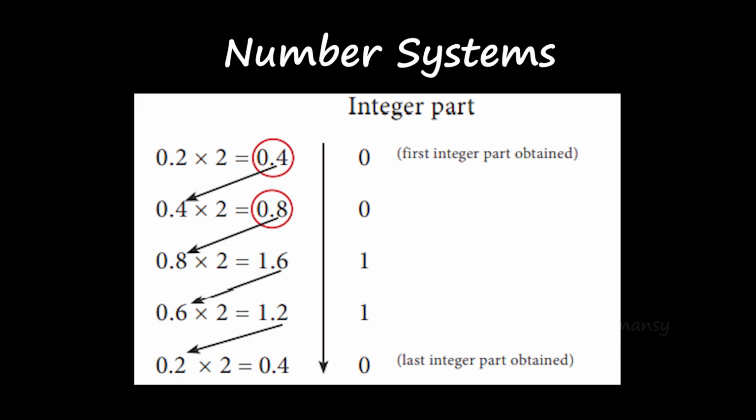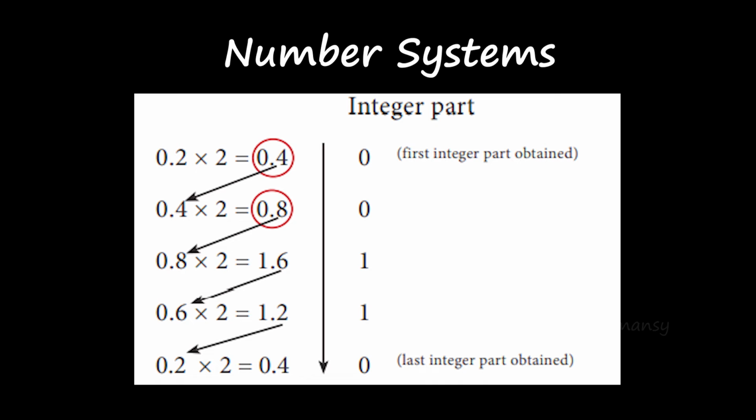If the values are repeating, you can just stop the calculation at that line and take only the numbers from the integer parts. Okay, so those integer parts will be the binary value for this fractional decimal. So for the left hand side of the point, you have already found it with the normal decimal to binary conversion method, and for the right hand side, we will be doing it in this method.